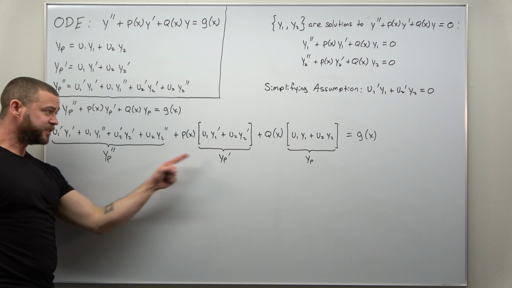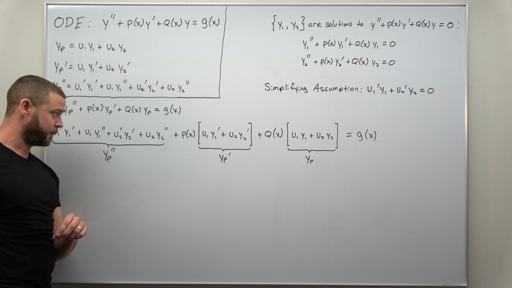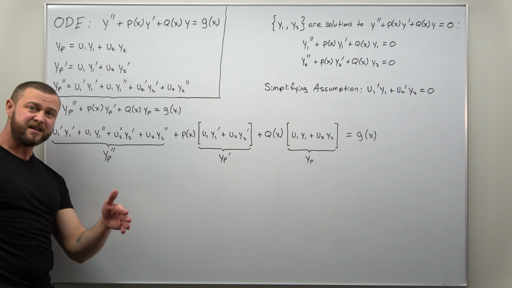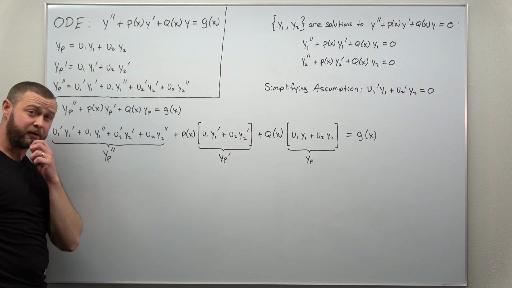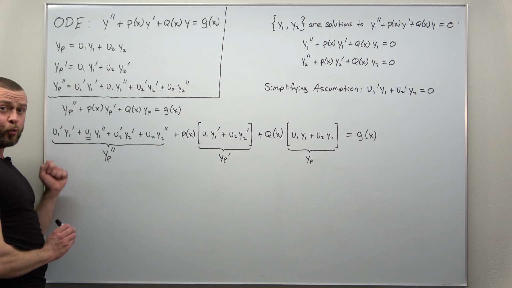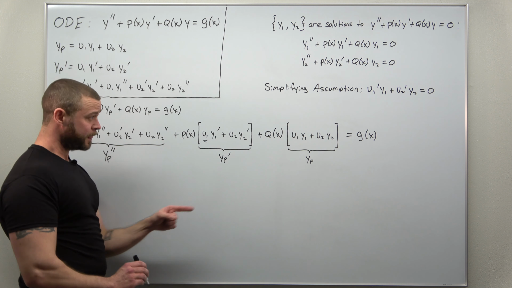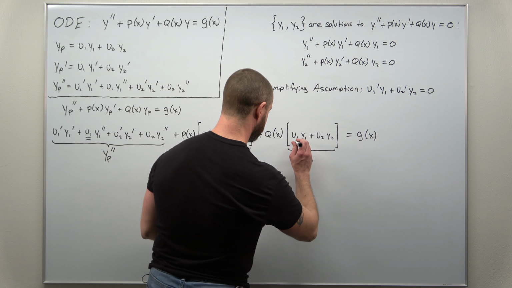Now, we're going to try to simplify this. There's not any terms that obviously cancel, but let's see if we can maybe factor things out from some of the terms. Now, we're going to notice that we have a u1 term here, another u1 term there, and another u1 term here.